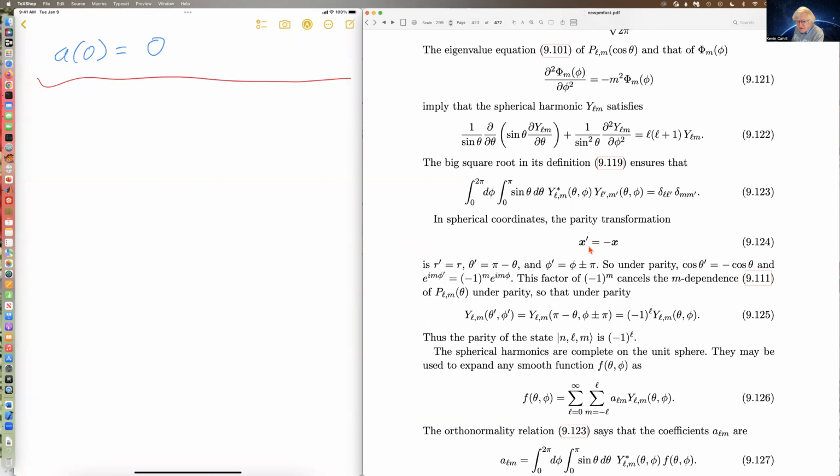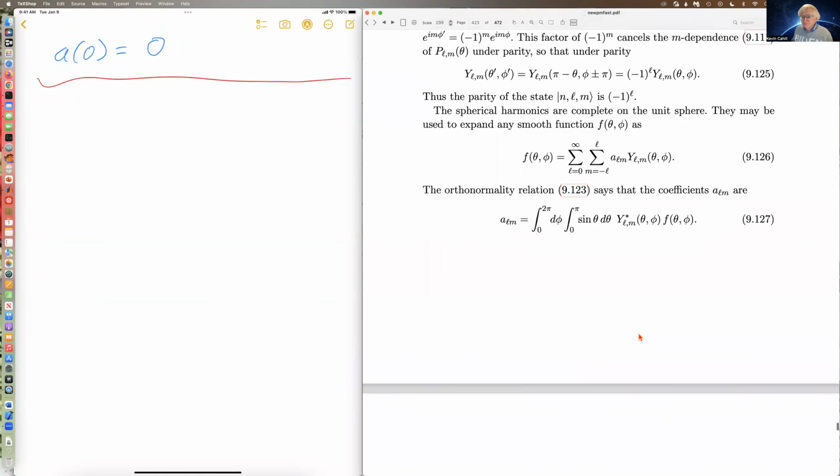So the phi function gives us a -1 to the m. That cancels the m dependence of P_L^m. So altogether, under parity, the spherical harmonic changes just by -1 to the L, without m. So the parity of an atomic state, which has as its wave function some radial function times a Y_L^m, is -1 to the L.